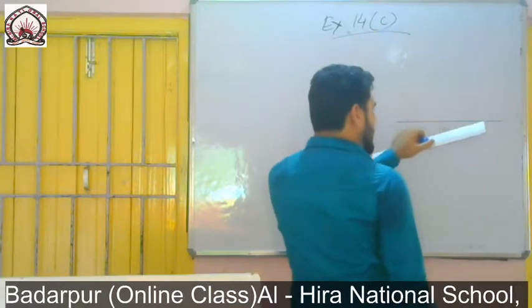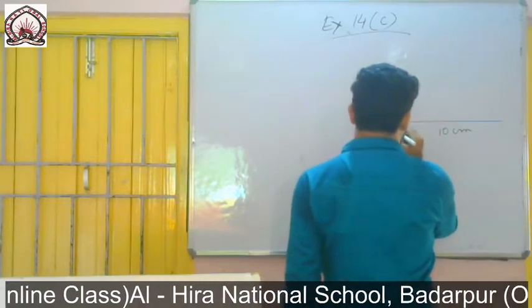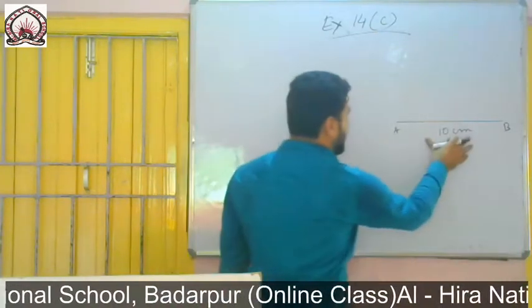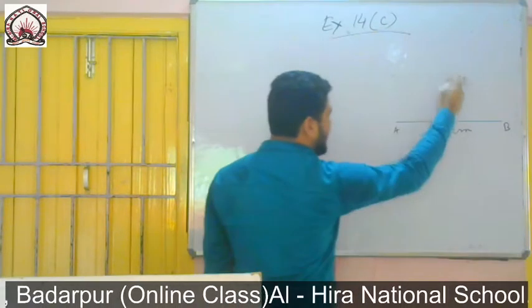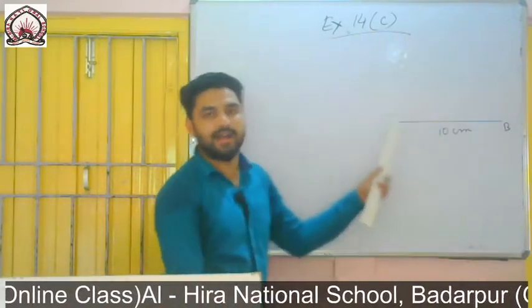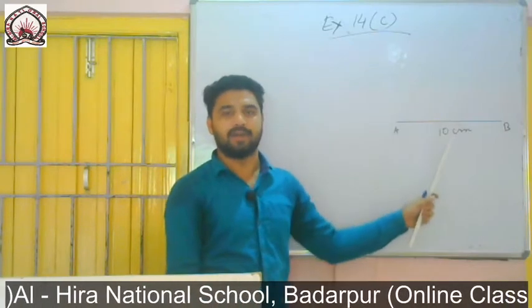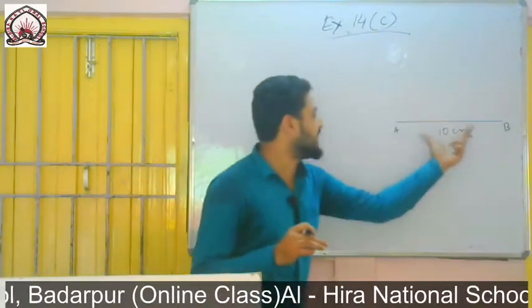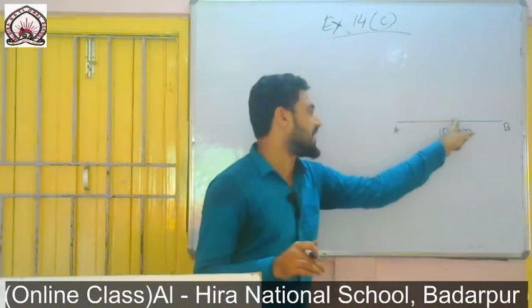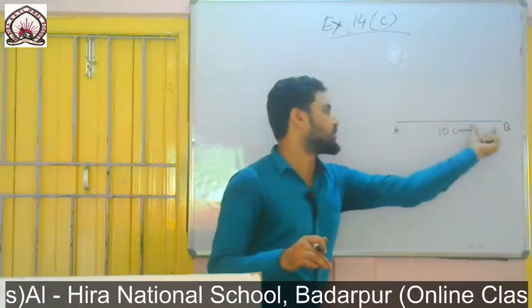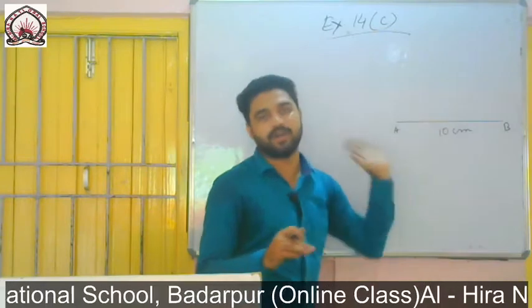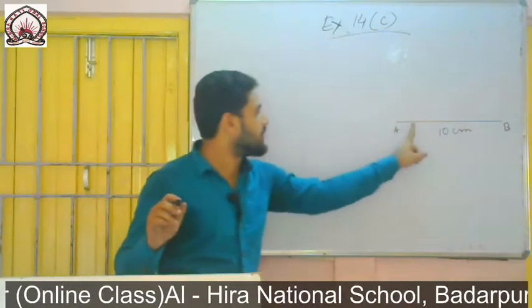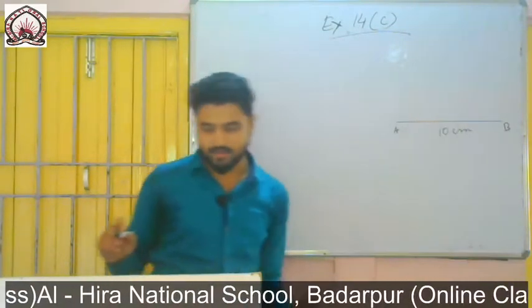Give a name like AB. AB equals 10 centimeter. Now this AB line segment should be divided into 4 equal parts. That means I construct perpendicular bisectors, then I will get 4 equal parts. First you divide this AB into 2 parts, then this portion into 2 parts, and this portion again into 2 parts. So I will get 1, 2, 3, 4 parts.